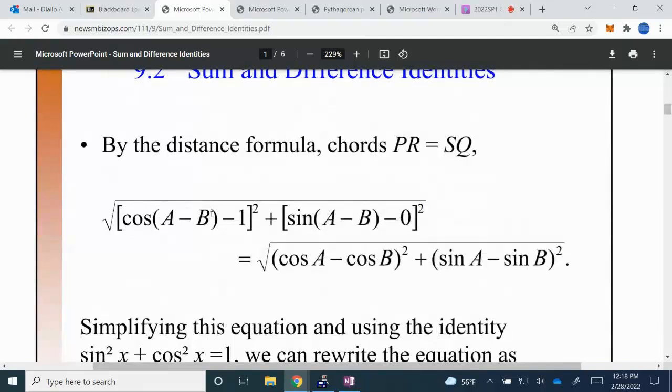And that's what we have here, but instead of x sub 1, x sub 2, y sub 1, and y sub 2, they're actually using the cosine and sine values. So the distance of PR is here, and that's equal to the distance of SQ.